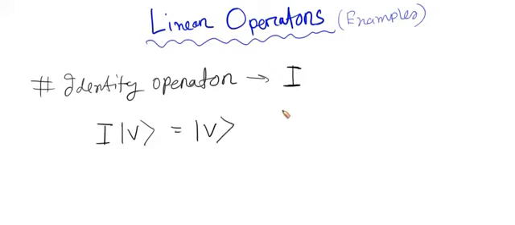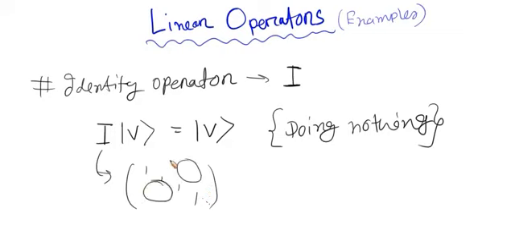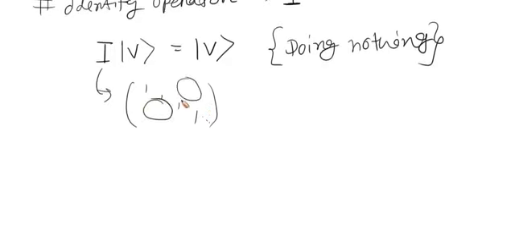That is its equivalent of doing nothing. And if you consider the finite dimensional case, this is just the identity matrix that has 1 in its principal diagonal and all the elements are 0 over here in both these places. So this is our identity operation.